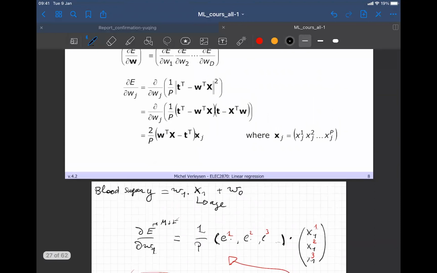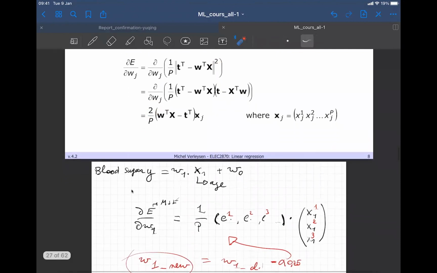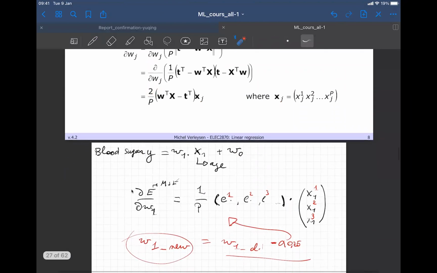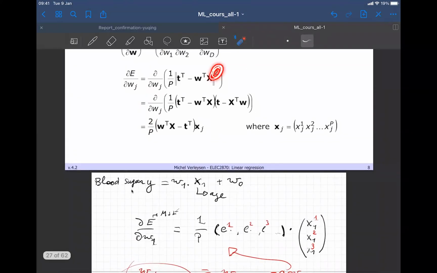Okay, of course, the 2 comes from the derivative, because you have a square here, it's a 2. I mean, it's not important, these factors, because it's just, let's say, a linear rescaling of the error that will then be rescaled by the learning rate. So basically, it's not a big problem if you put something else, but the 2 comes from the square, from the derivation.